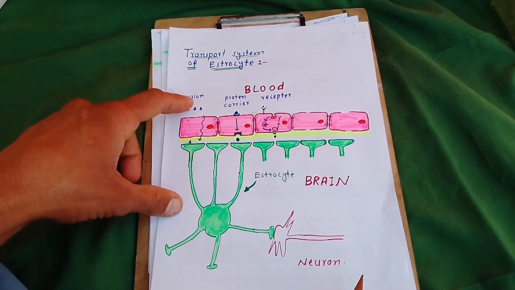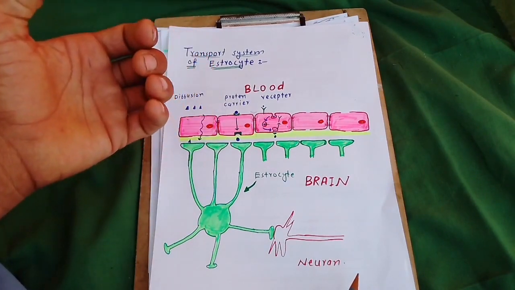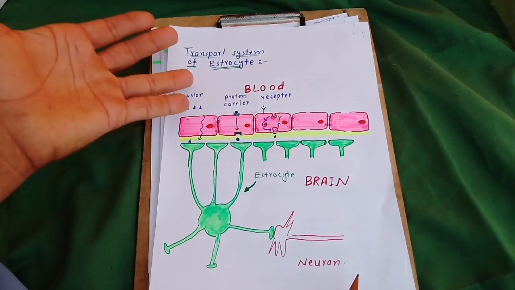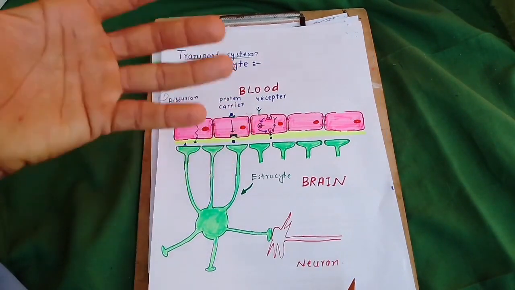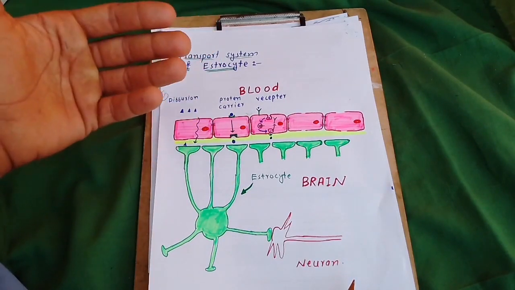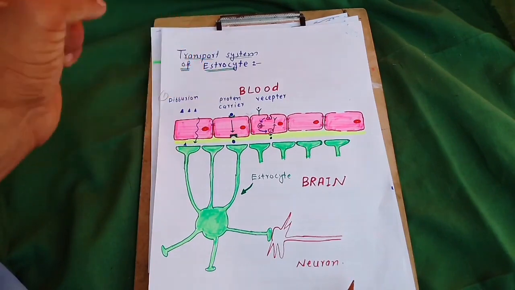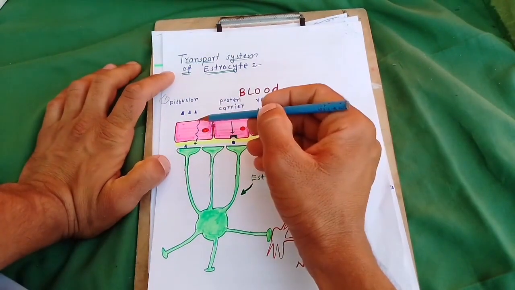So the transport of material occurs from the blood capillary to the neuron. As we know, the neuron is also a cell and needs nutrition, so this transport occurs in a unique way, other than in the other body parts. One case is diffusion.